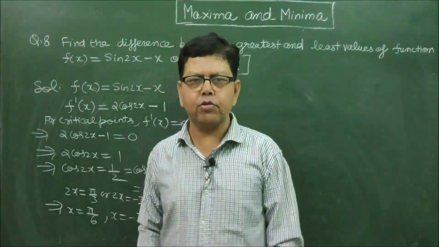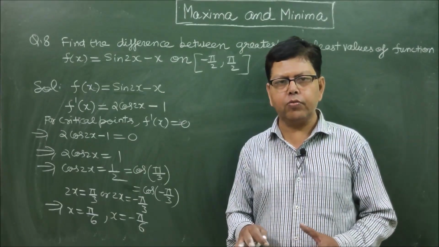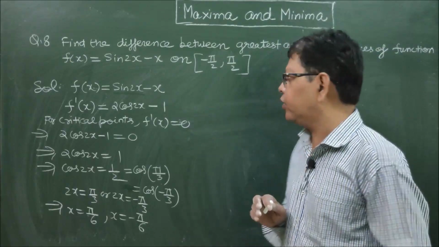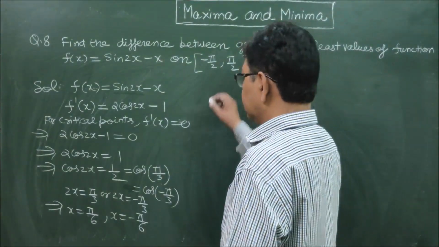Now for absolute maximum and minimum value, we need to find the value of the function at critical points as well as at the end points. So let us find the value of the function at critical points.